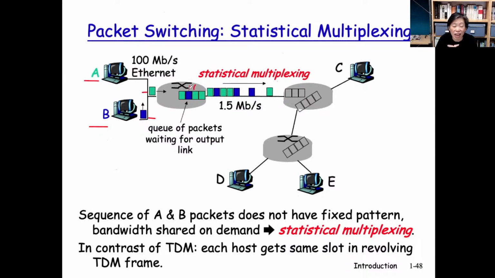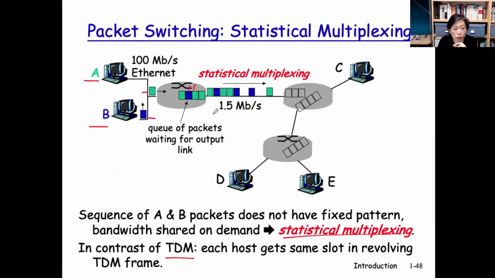Unlike in TDM, time division multiplexing, where everything rotates rhythmically, this spontaneous behavior is statistical multiplexing. On a packet switch network, or on the data network internet, packets multiplex with each other randomly, spontaneously, depending on how they are generated.